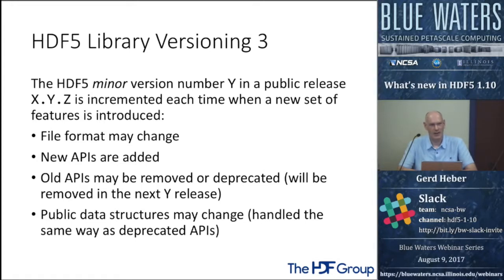We don't know if that number will ever change, but Y changes very infrequently. If you look through older release notes, how long it took to get from 1.6 to 1.8 and now from 1.8 to 1.10, in some cases there's almost a decade in between changes of that Y component of the release version.